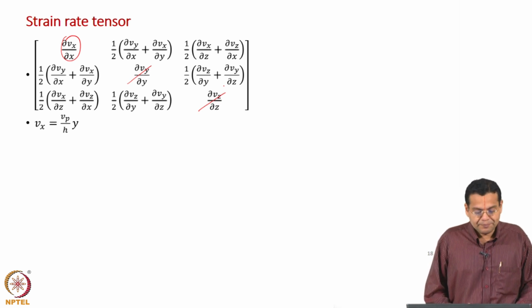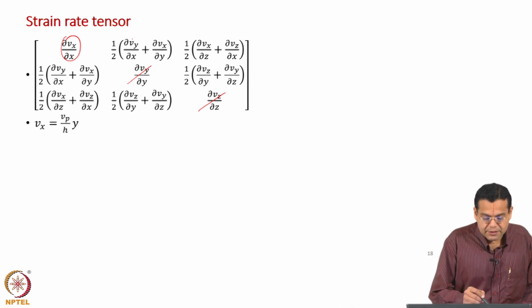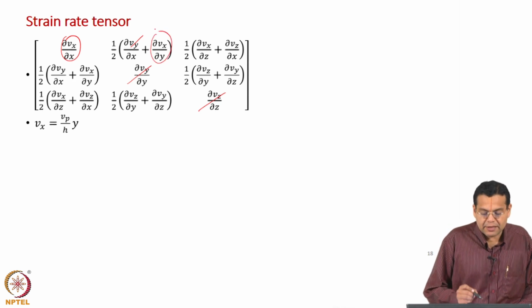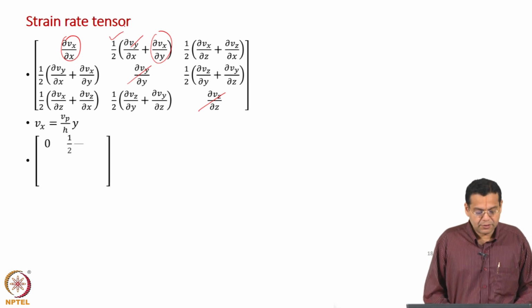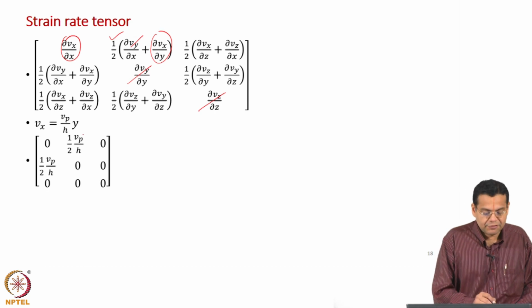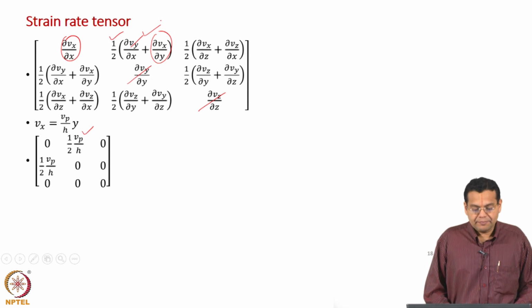Coming to the off-diagonal components, this is 0 because V y is 0, and this has a value half of dou V x by dou y. This derivative is V p by h, and half of that gives this entry, which is the shear strain rate by 2.